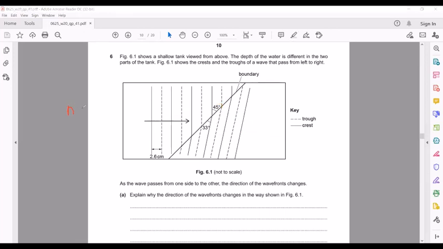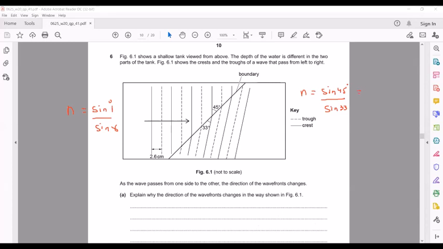So refractive index is equal to sine angle i over sine angle r. If I calculate the refractive index here, the angle of incidence for a wavefront is 45, so sine 45 divided by sine 33.